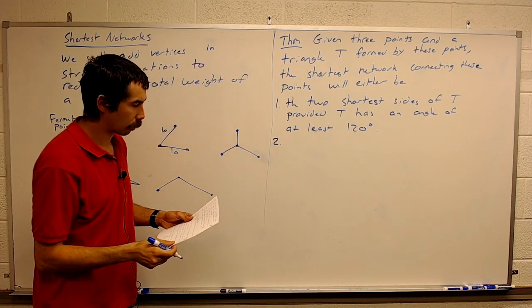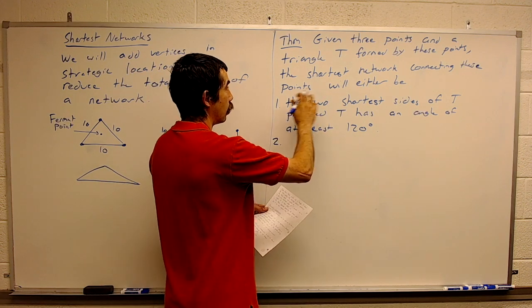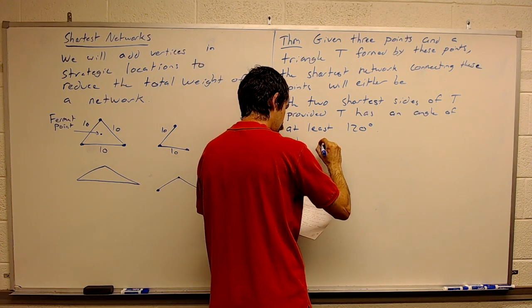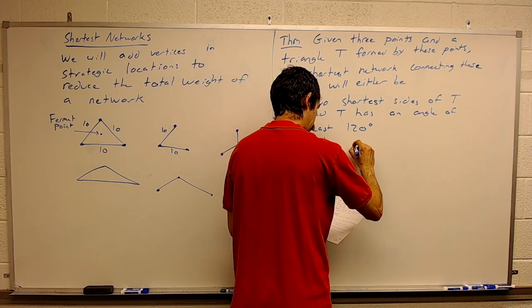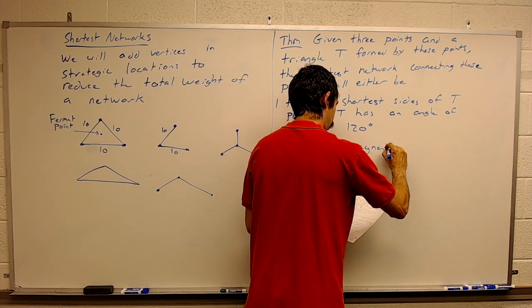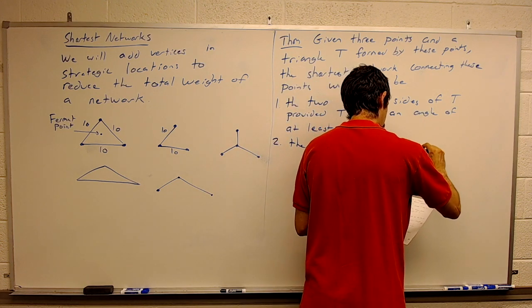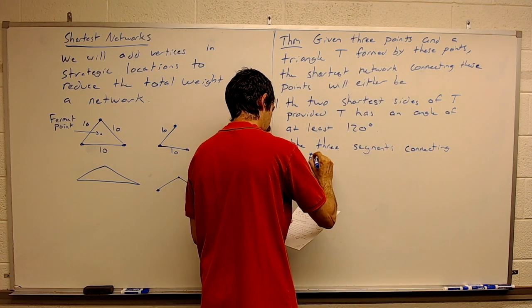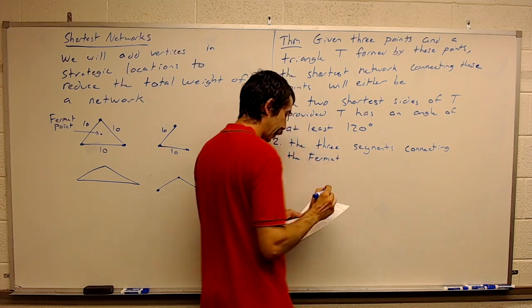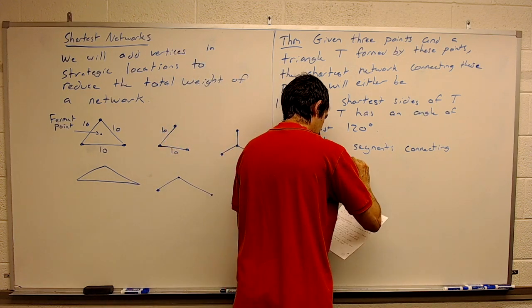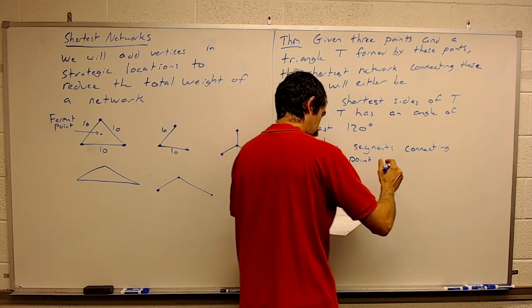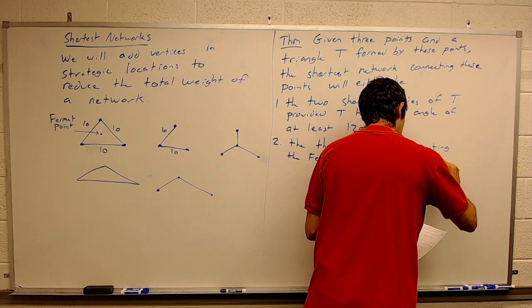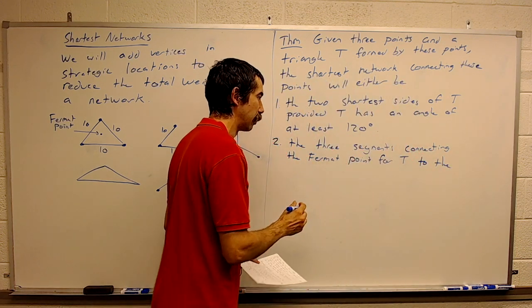Otherwise, the shortest network would be the three line segments connecting the Fermat point for T to the original three vertices.